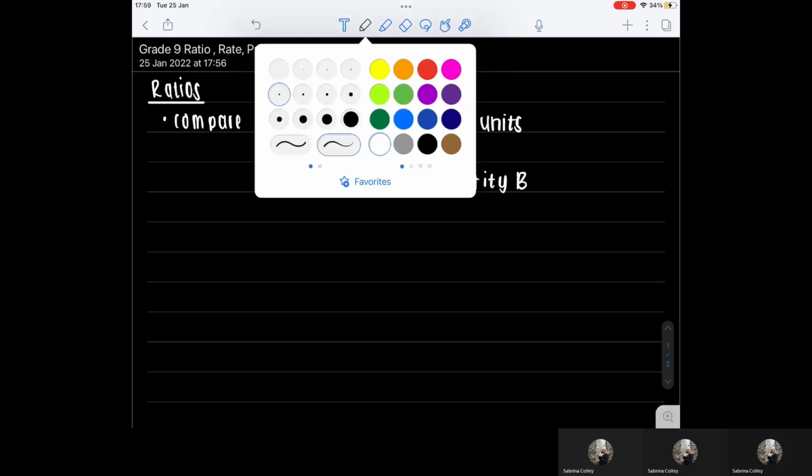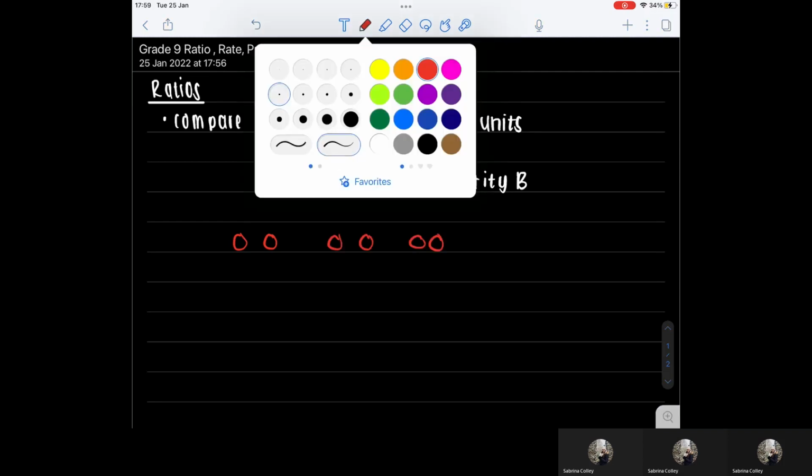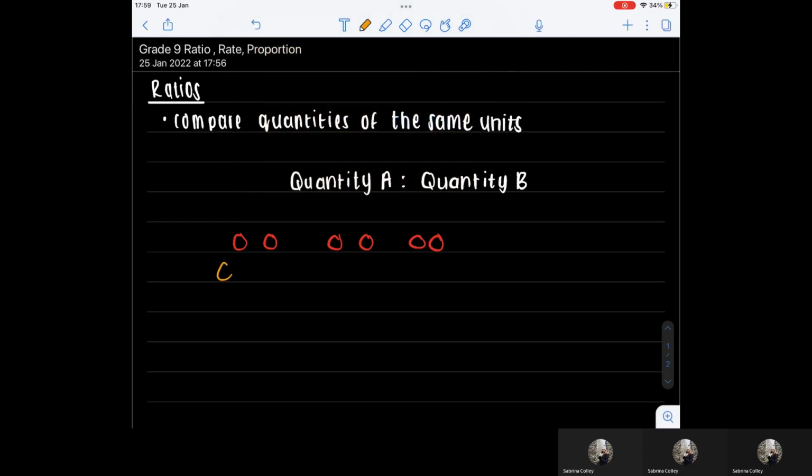Okay, so if we take, for example, if I've got these are apples, right? And then I've got oranges.